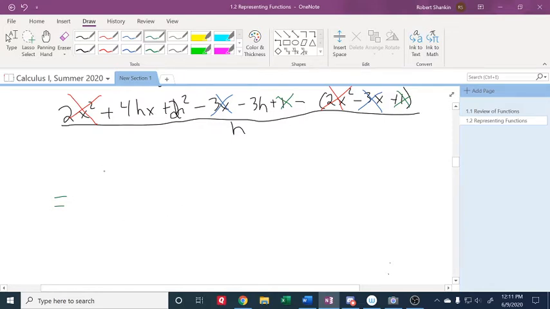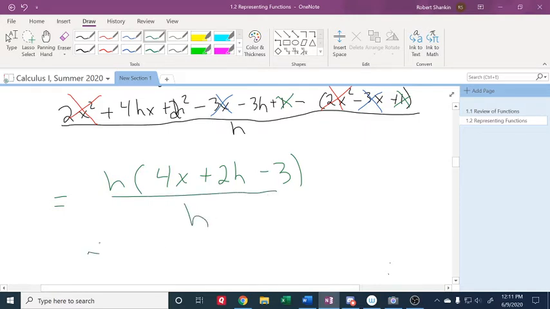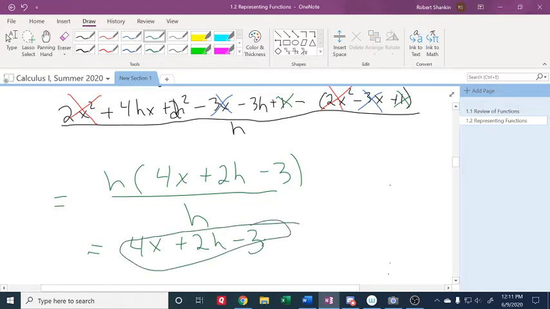I'm going to factor out that h, and I'm going to be left with 4x plus 2h minus 3, all over h. Then the h's cancel out, and I'm left with 4x plus 2h minus 3. And that's my final difference quotient.